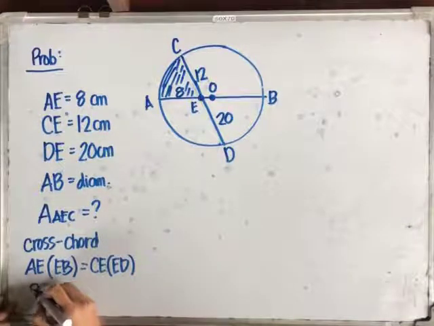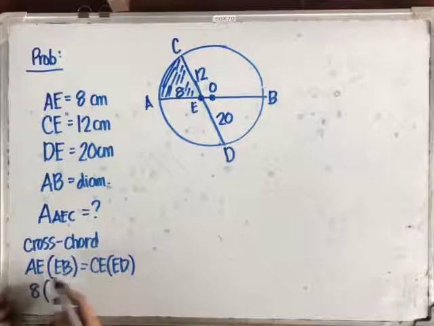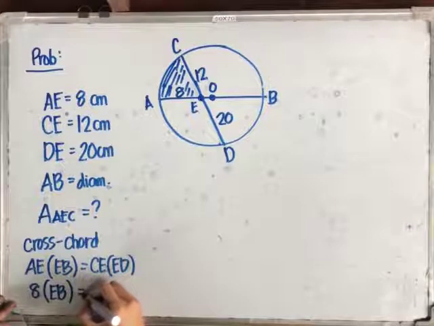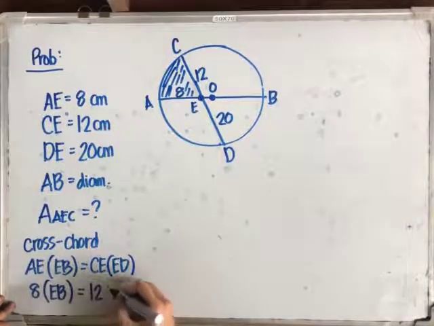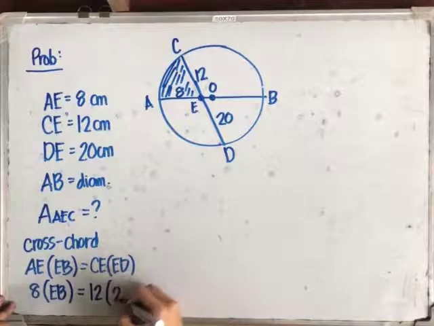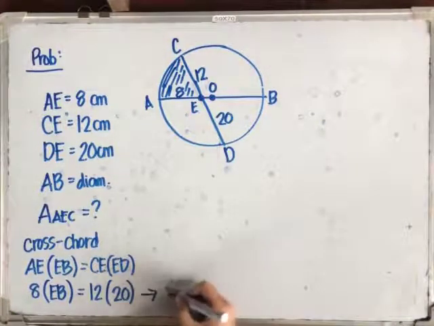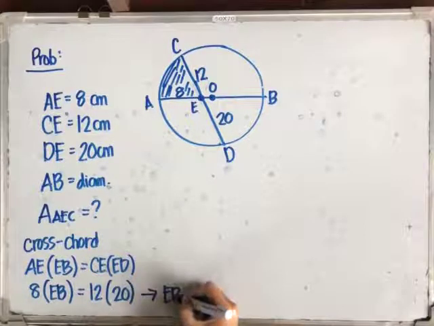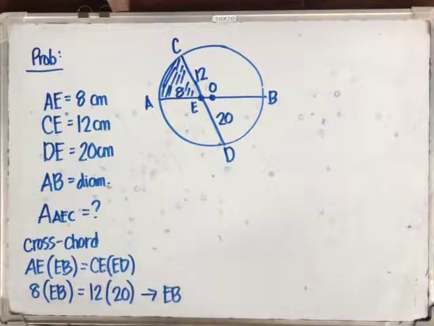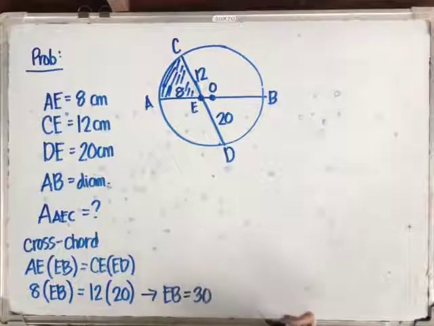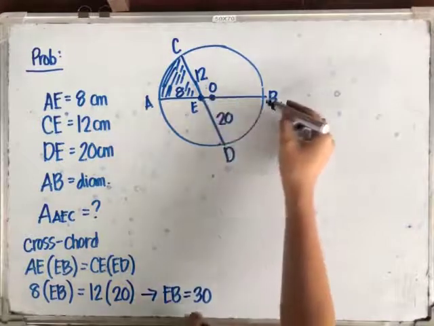So, putting this now, 8 is yung AE natin, EB is unknown. Okay, then CE is 12. ED natin is 20. So, from this, we can get our EB. Multiply mo lang to, tapos divide mo by 8, that will be how much? 12 times 20 divided by 8 is 30.